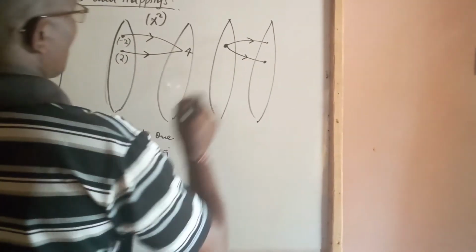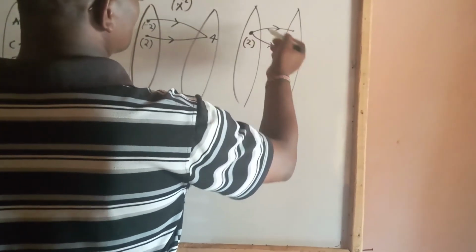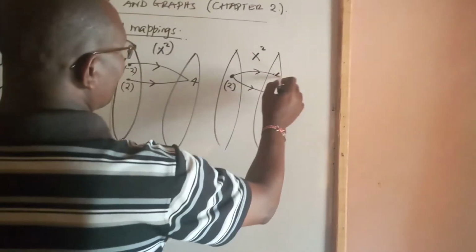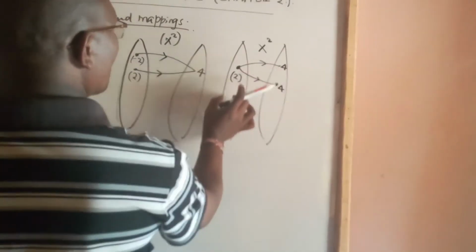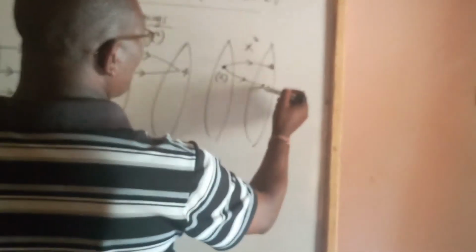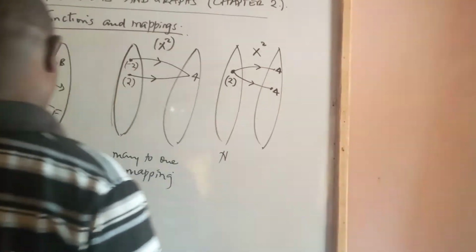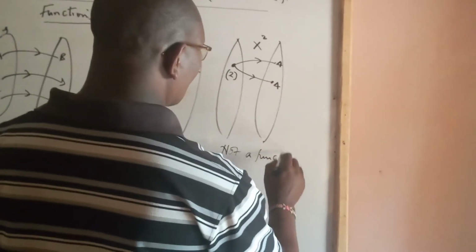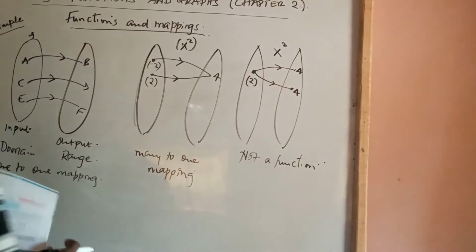There is no way that if we have +2 as an input and the operation is squared, this one is going to give you a 4 and this one is also going to give you a different value. There is no way 2 squared will give you two different solutions. So this one is not a function. It is not possible.